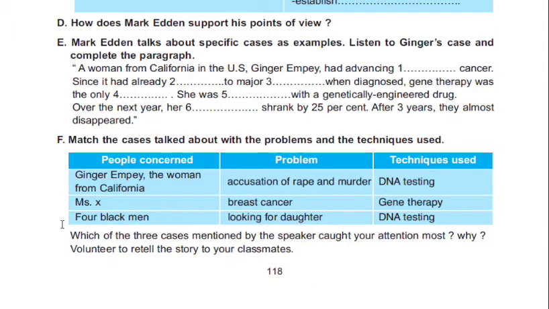The four black men were accused of rape and murder, and DNA testing was the technique used to prove that they are innocent. Because as you know, rape is having sexual intercourse with force with someone, and that leaves evidence that can be used in a DNA test.